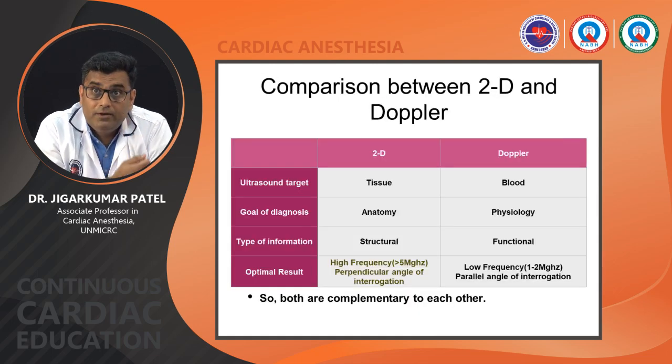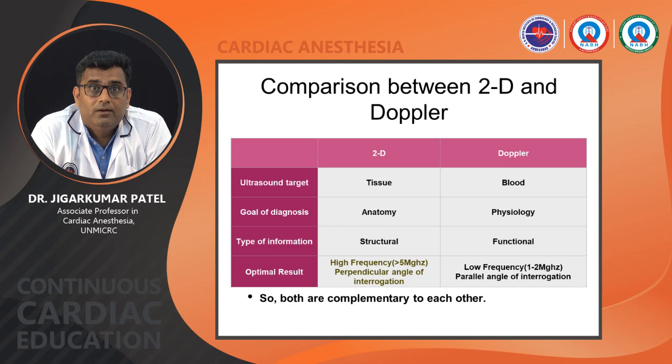Now, when you compare 2D and Doppler, there are some differences. In 2D, the ultrasound target is the tissue, while in Doppler you get blood flow. The goal of diagnosis in 2D is the anatomy, while in Doppler you get the physiology of the flow.